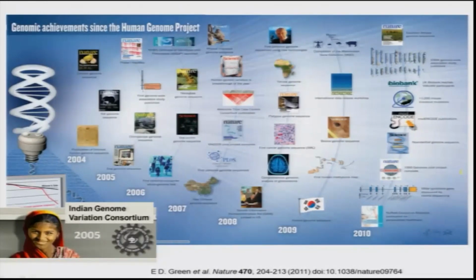So a consortium was formed, and the genome sequences of close to 100 individuals, or at least the exome, meaning the coding sequence, were sequenced, and that was initiated.